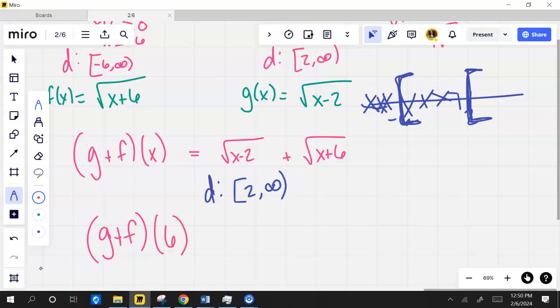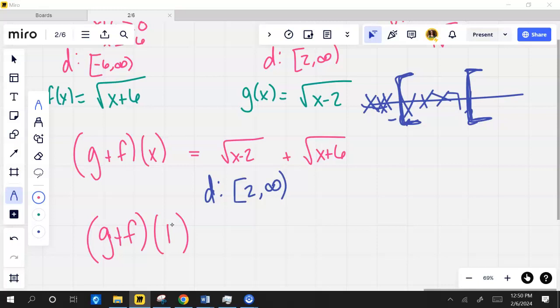Now I actually evaluate, right? What does that mean? I plug in a 6 for every x. Is it okay for me to use a 6 in this problem? Yes. Is 6 bigger than 2? Sure. Well, why wouldn't it? What if I asked you to do this? Why can't I?